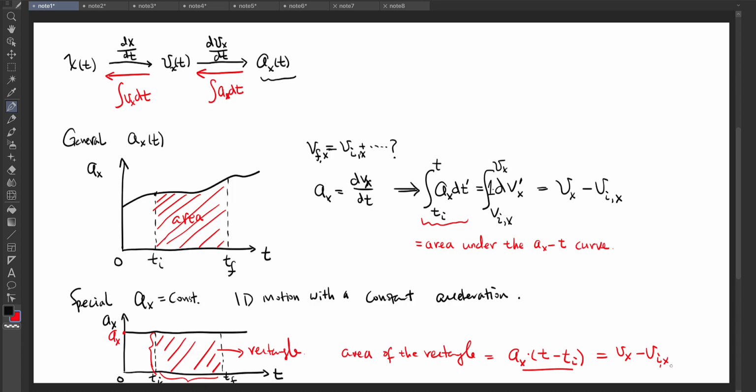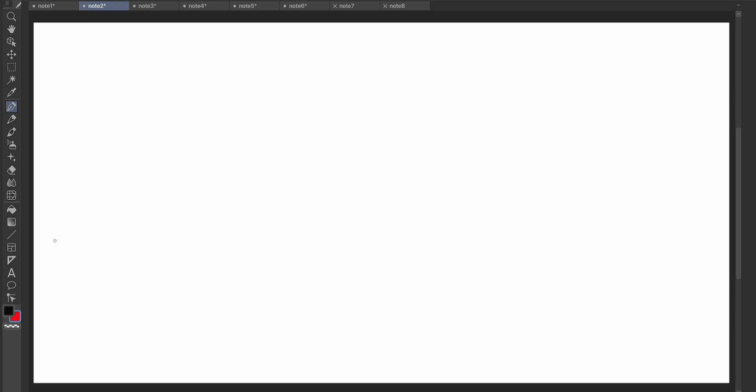So now there it is. We have an expression for vx as a function of time. Okay, so let me start a new page and then write that result. So, 1D motion with a constant acceleration.